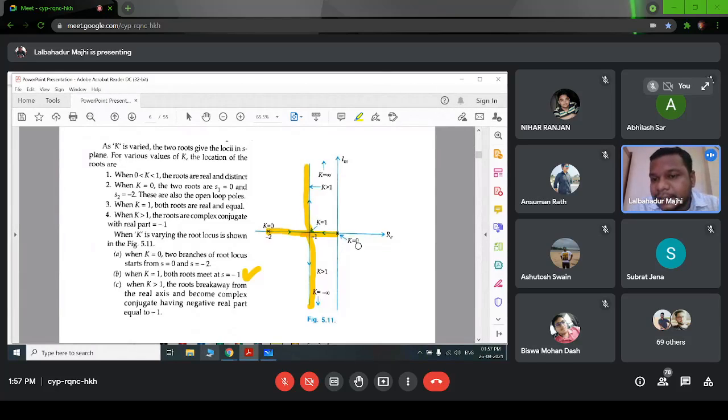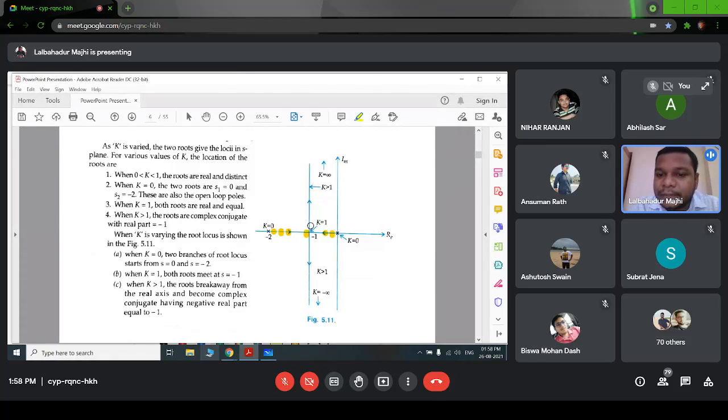Similarly, here k is taken 0 and then 1. You can also take the value of k equal to 0.1, and the roots will lie here and here. Similarly for 0.2 at this point and this point, for 0.3, 0.5, and at k equal to 1, the roots will lie here.